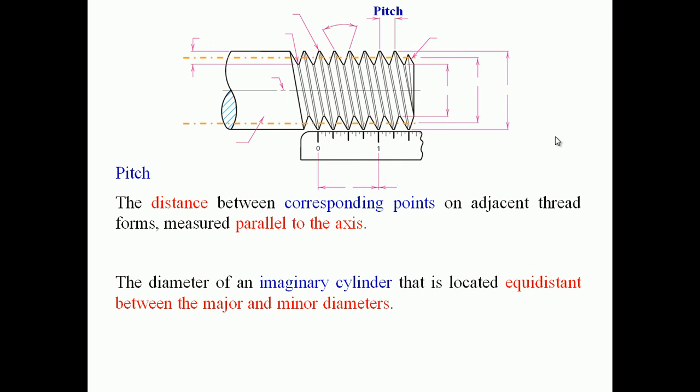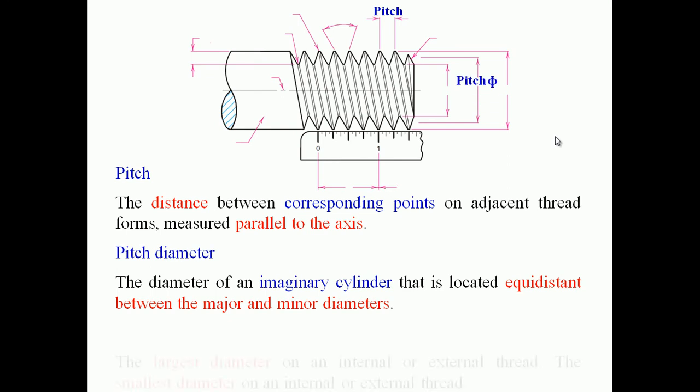I will explain what the major and minor diameters are. This is known as the pitch diameter. So you know what pitch is and what pitch diameter is. Major diameter is the peak, and the root is where the minor diameter is. That is known as pitch diameter.